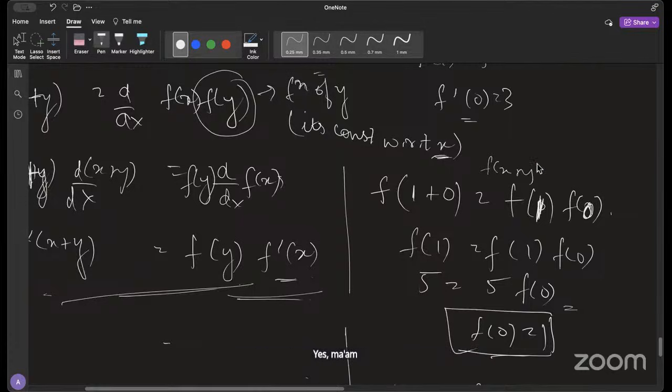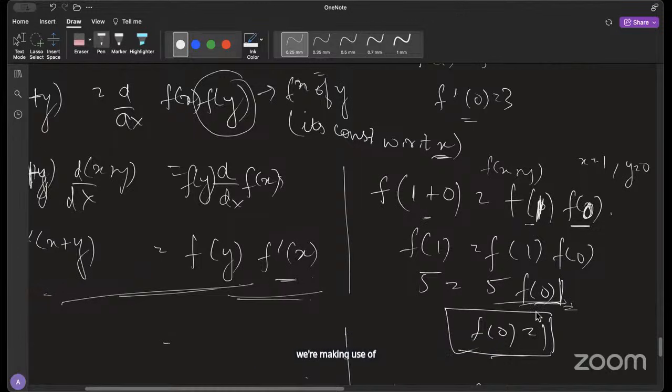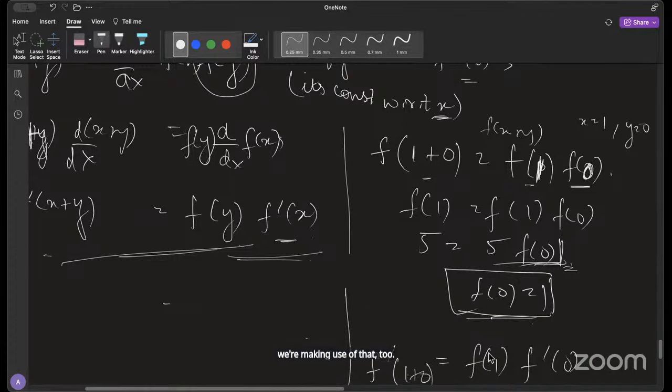So we've just put x equals to 1 in this expression, x equals to 1, y equals to 0. So you get this thing. Now we know the value. We have to find the value of f0, and the value of f1 we already know. We're making use of that here. So f1 is given in the question, ma'am? Yeah, it's given in the question. We've used it here.